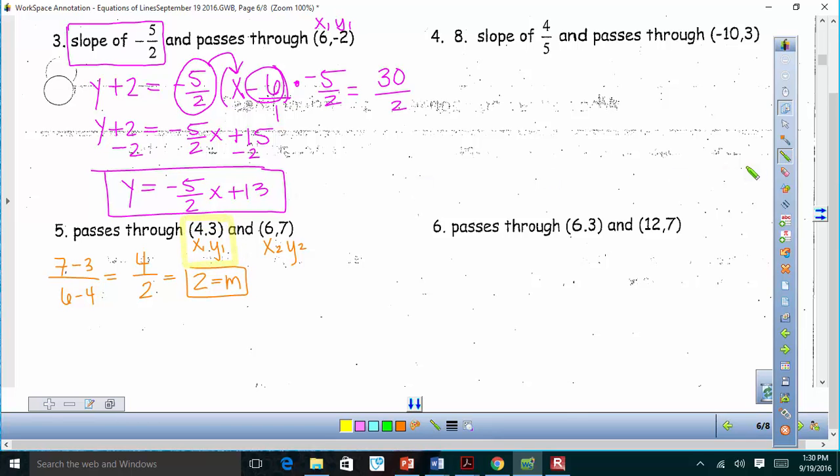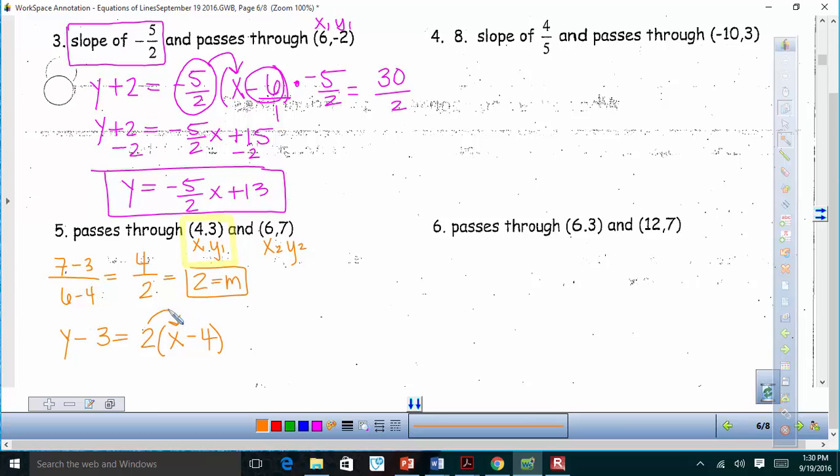They're x1 and y1. So we would do y minus y1, which is 3, equals our slope, which is 2, times x minus x1, which is 4. So from there, we just distribute our 2.